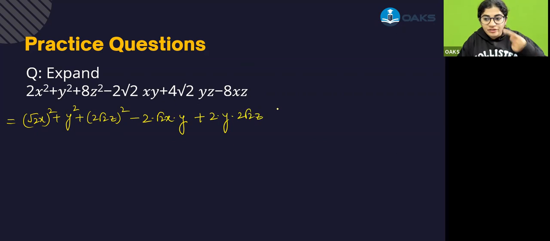You need to write every time like this, okay? Just expand it in the correct format, then get the combined format. So minus 2 into root 2x into 2 root 2 z, right? So this is the exact format that we need.